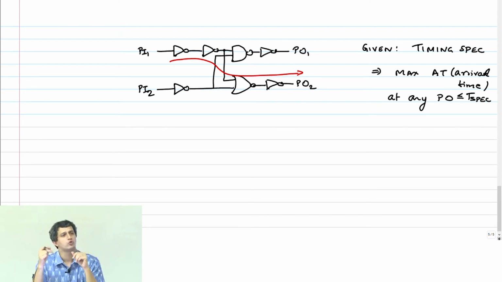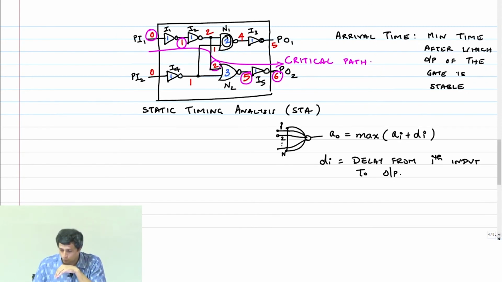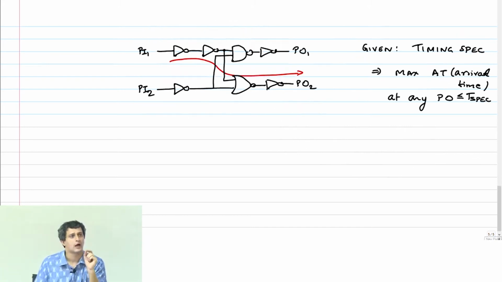But unfortunately, you saw in the previous example that the other output arrival time was not far behind. It was only 5. So let us see what happens if I apply this path delay sizing problem to this circuit. What will I do? I will now start sizing this particular path, right?